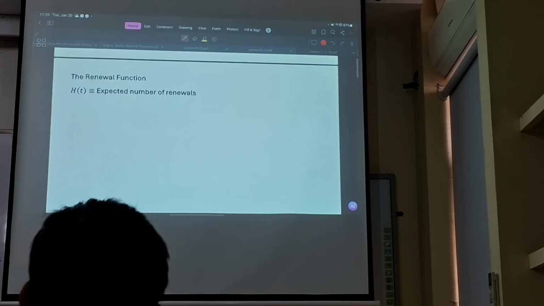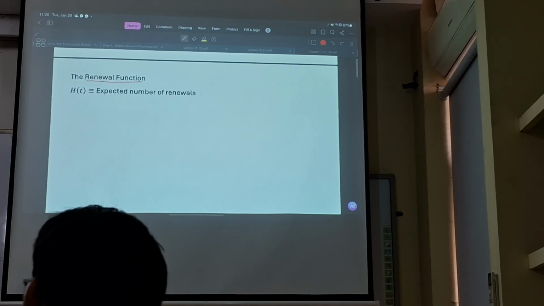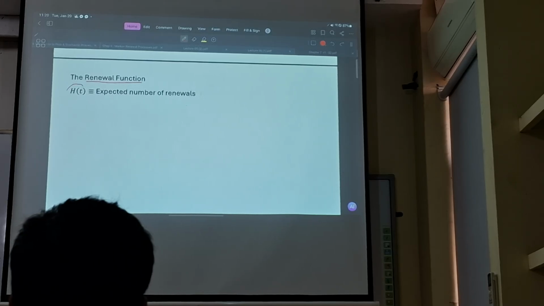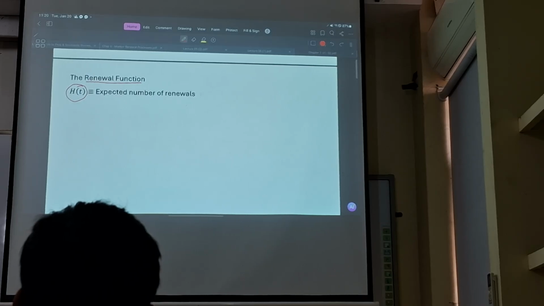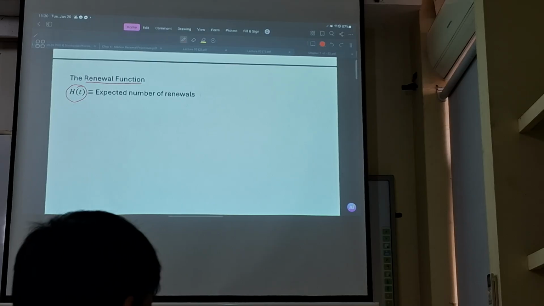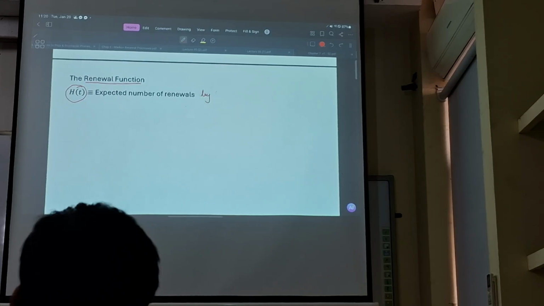What is the renewal function? The renewal function defines the value of m sub t. What is m sub t? It is the expected number of renewals by time t.